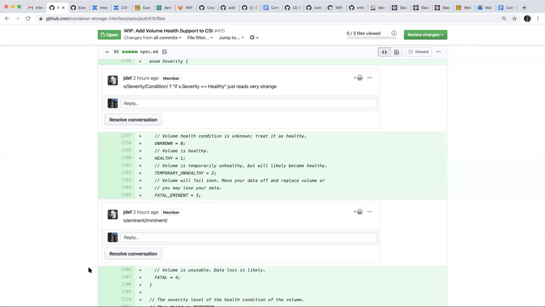You're going to think through the different levels that you have here, especially number 2, and see how it makes sense with Ben. And then you're going to add examples to make it clear how you should use node versus controller, and what kind of signals they should be returning. We are okay with having both. If someone only implements node, they're going to get a reduced set of signals for their plugin.